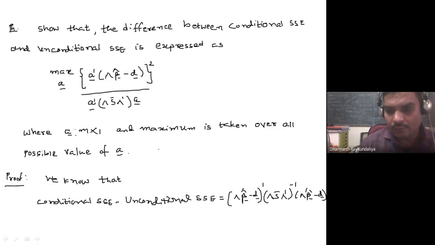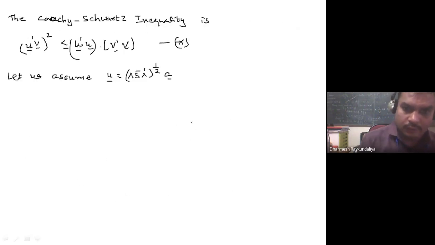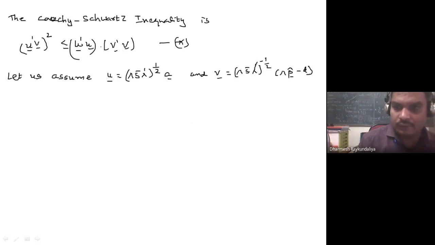This quadratic form is something like V. We assume U equal to this and V equal to (lambda S bar lambda dash) raised to minus half into (lambda beta cap minus d).